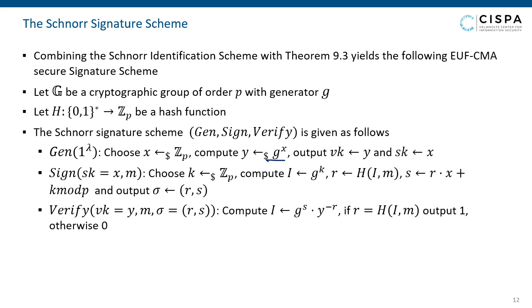If so, we output 1, otherwise 0. Correctness of this scheme naturally follows from the correctness of the Fiat-Shamir transform and the correctness of Schnorr's identification scheme, since this is just theorem 9.3 applied to the Schnorr identification scheme.